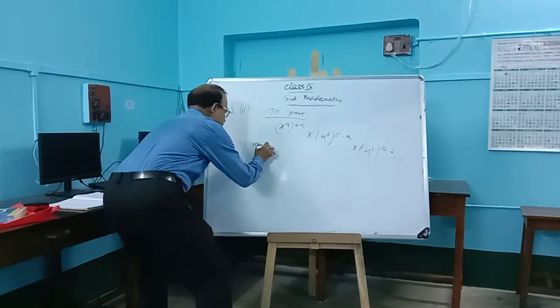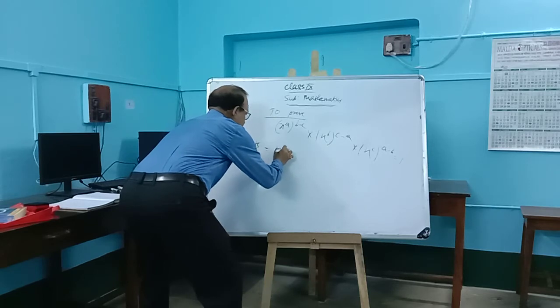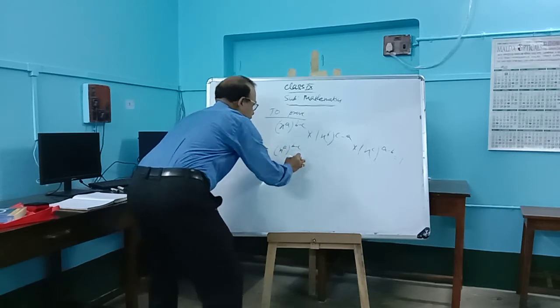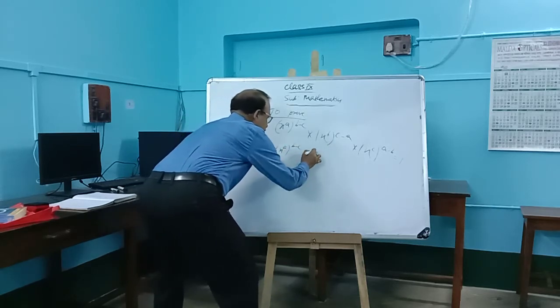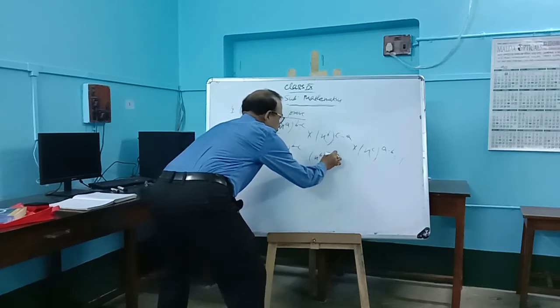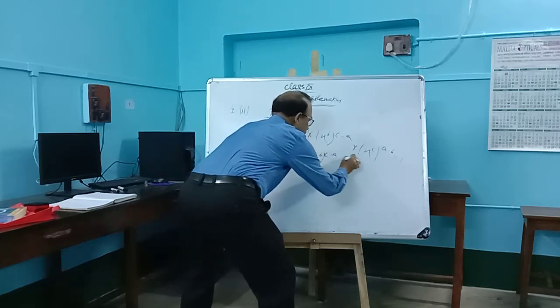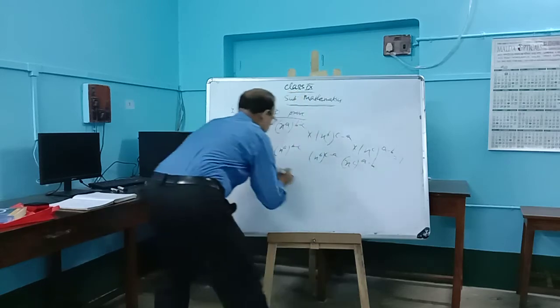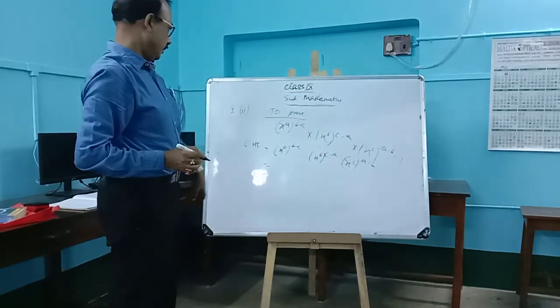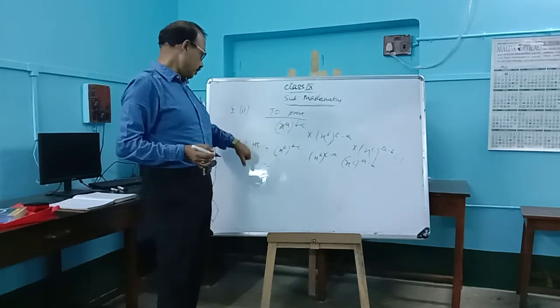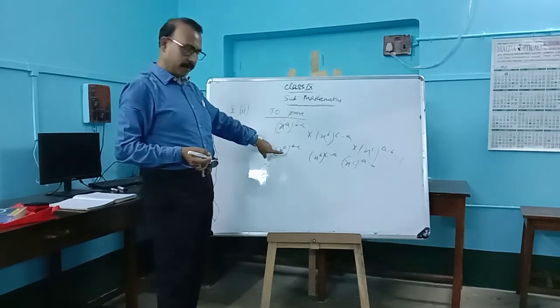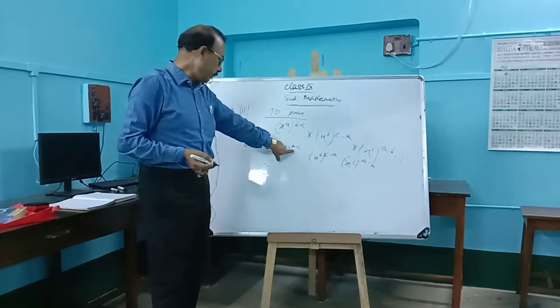Left hand side: x to the power (a to the power b minus c) into x to the power (b to the power c minus a) into x to the power (c to the power a minus b). Already I have mentioned in the laws of indices, power and power will be multiplication.